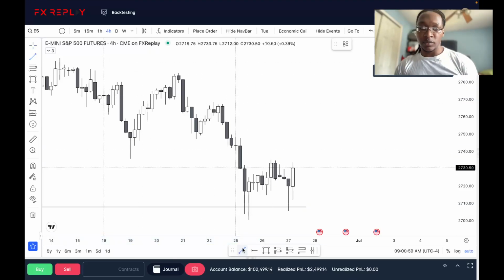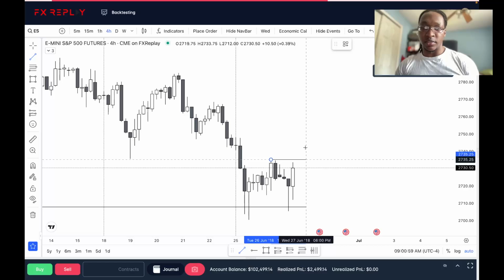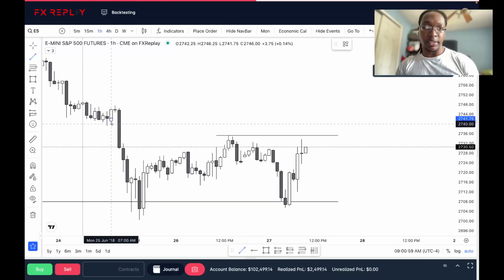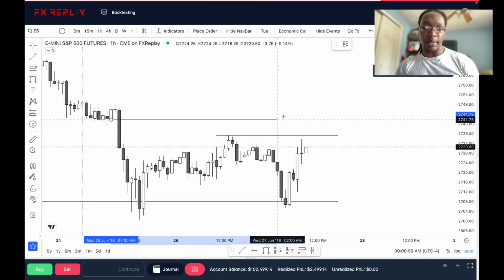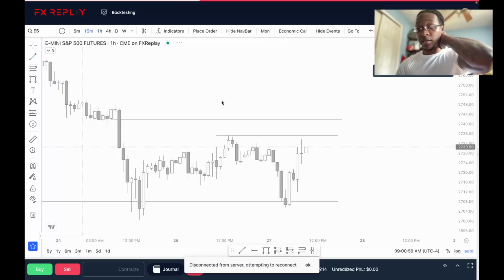The target is this high up here. Ideally, this gap up here. So really from this to this, these are our levels that we're looking at, relative equal highs. I would like to see if we can push higher.